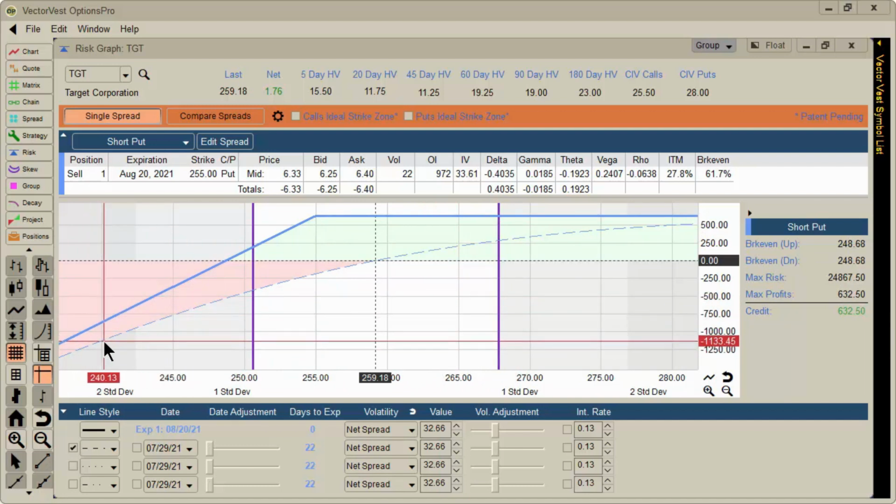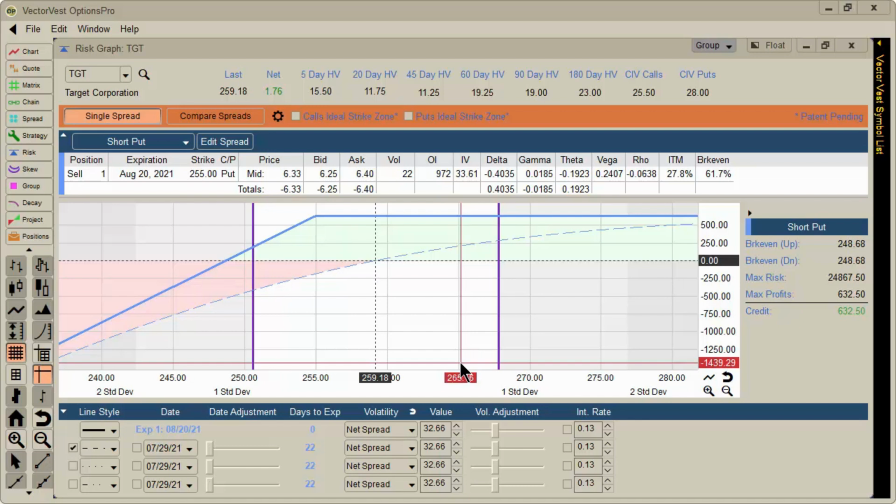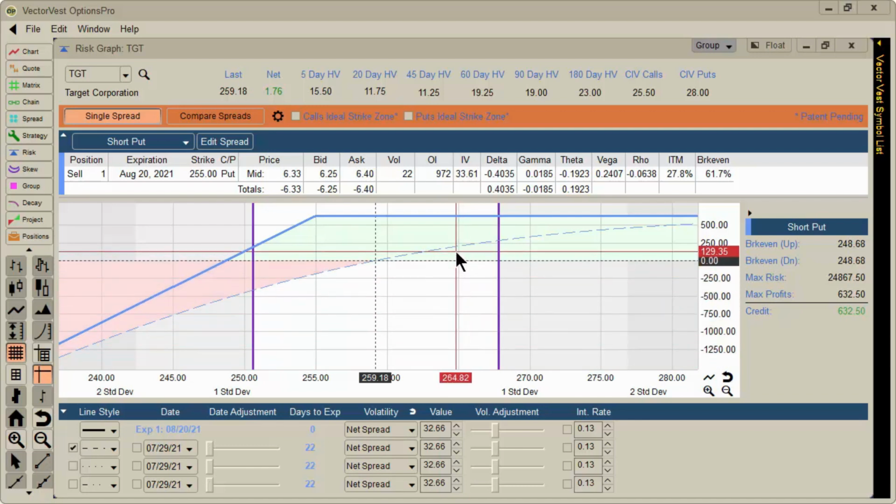Well, if I sell this put naked, I would lose about $1,000. And if you take a look over on the right-hand side, this is my axis that shows profits and losses, and down here is the axis that shows stock price. So if the stock were to rise to 265, I can move my cursor up, and I can see that I would be up on this trade about $200 a contract.